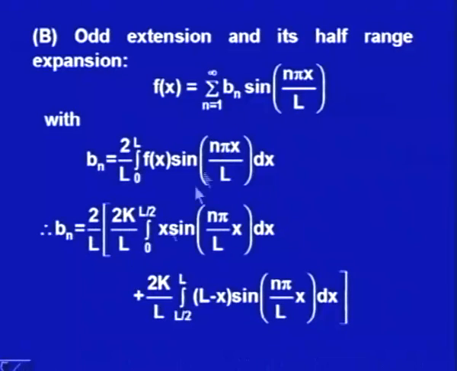Wherever we have a function like x sin x, we go for integration by parts. This second integral we can again break into two integrals, one with L times sin n pi x by L and another with minus x times sin n pi x by L. So the second integral will again go by parts.